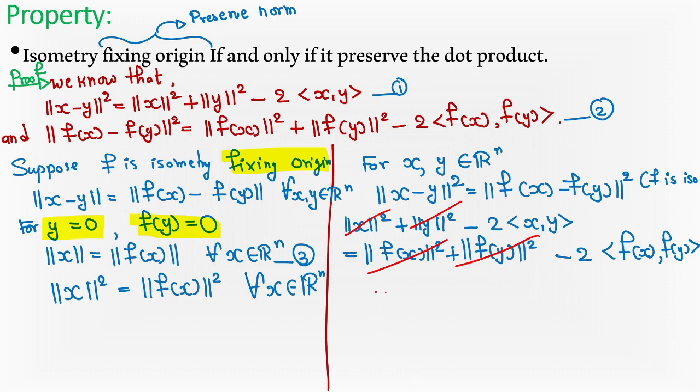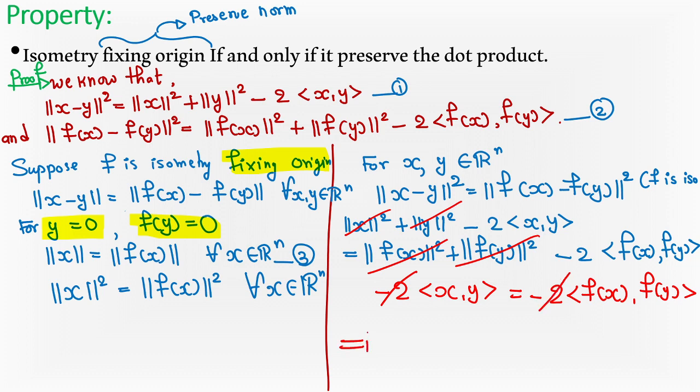So what I'm left with is this part is equal to minus 2 times the inner product of f of x with f of y. Now what we can do in the next step is we can even cancel this, which implies that this f has preserved the inner product, right?